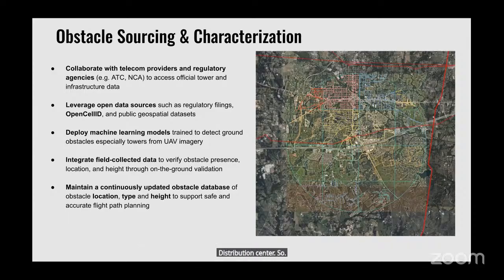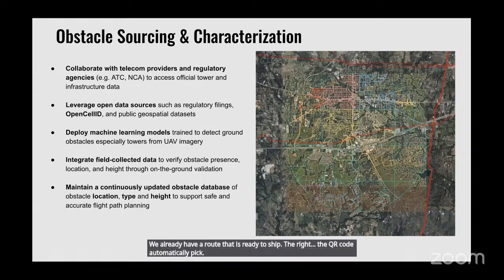So at the time when a call comes through, or a text message from a facility comes through to the distribution center, that we want blood, or some medical supply, we already have a route that is ready to ship. The QR codes automatically pick the route. We are able to send a package quickly.